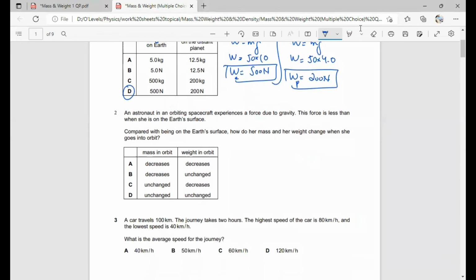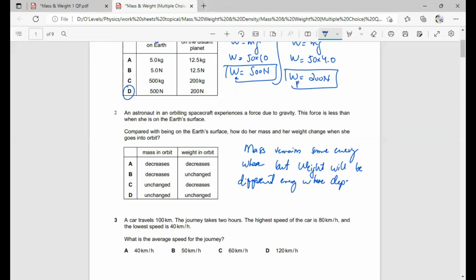And remember one thing: mass remains the same everywhere, but weight will be different everywhere, depending upon the surface gravity.